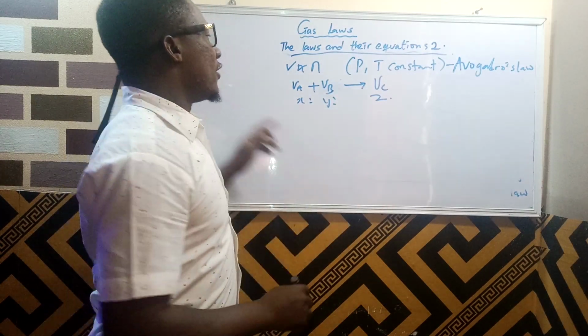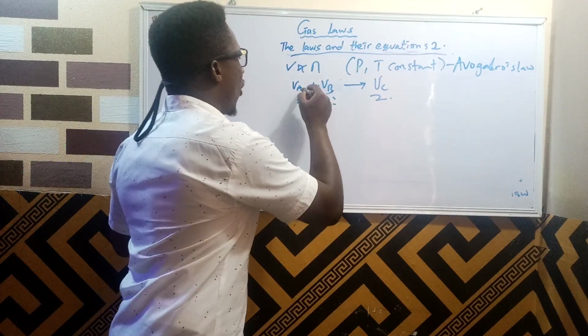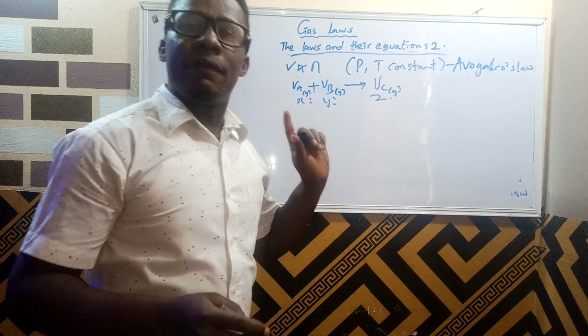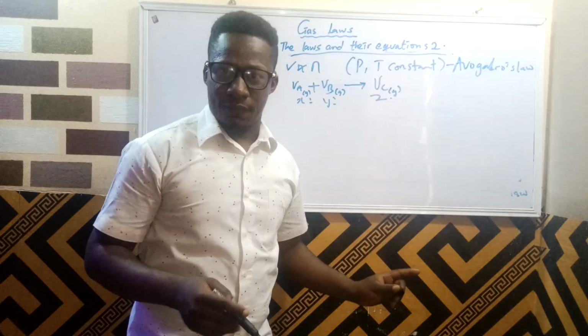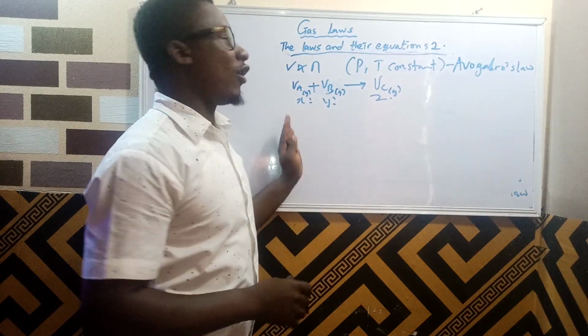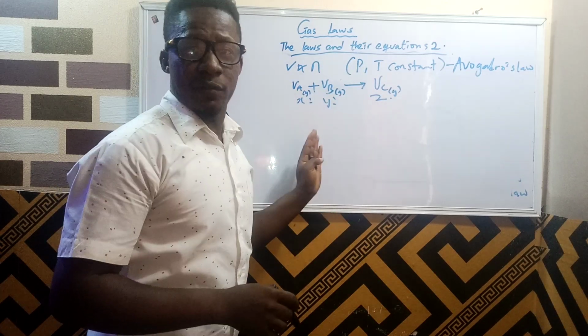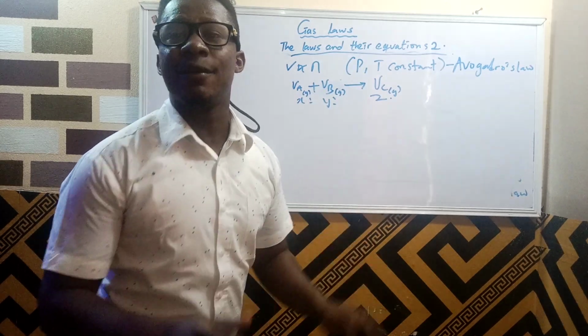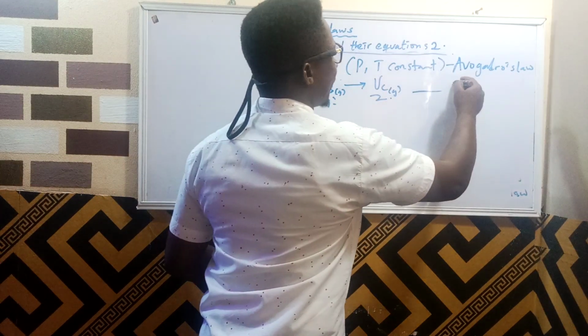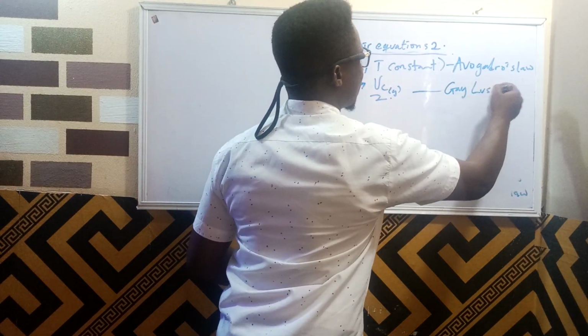Simple ratio. Note that if gaseous, that means all of them must be gases. So Gay-Lussac talks about gases purely, and he is saying that when they react, both the reactants and the product must be gases, and their volumes are in simple ratio to one another. So this is the interpretation of Gay-Lussac's law.